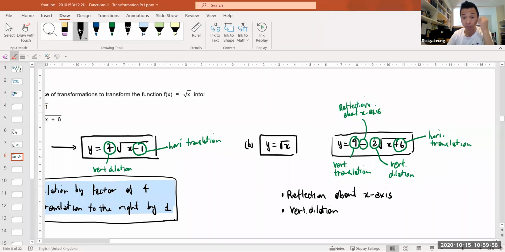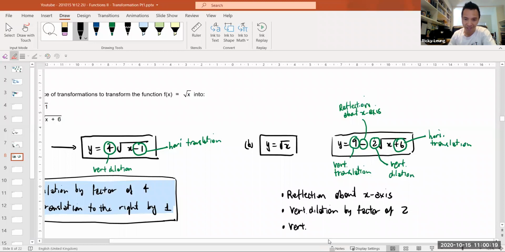And remember, if it's dilation and translation, the order absolutely matters if it's both vertical, right? So dilation comes first, translation comes after, and you shouldn't go wrong. So vertical dilation by factor of 2, which makes it steeper, or stretch even.